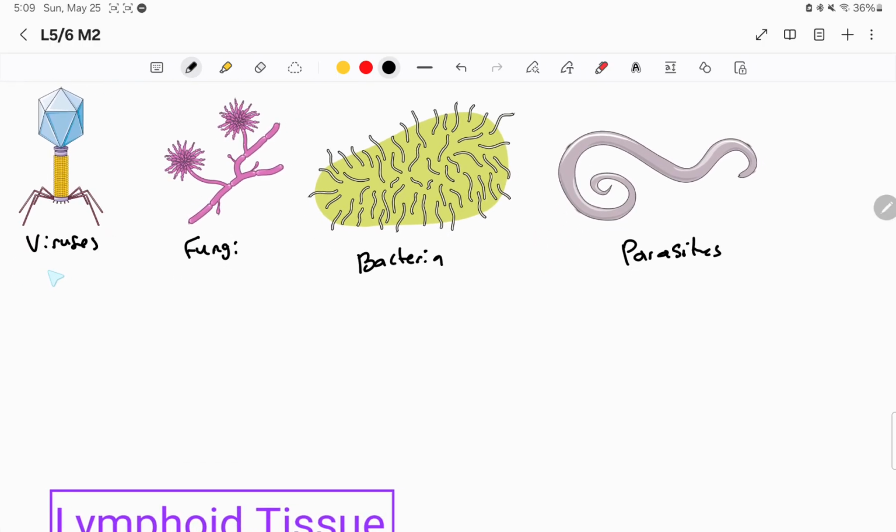Viruses can either be RNA viruses or DNA viruses. Now, let me tell you something: viruses are not like bacteria or like us. They cannot carry out metabolism. They cannot reproduce without invading a host cell.